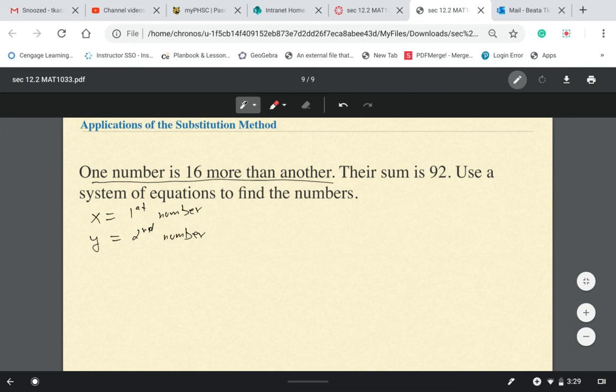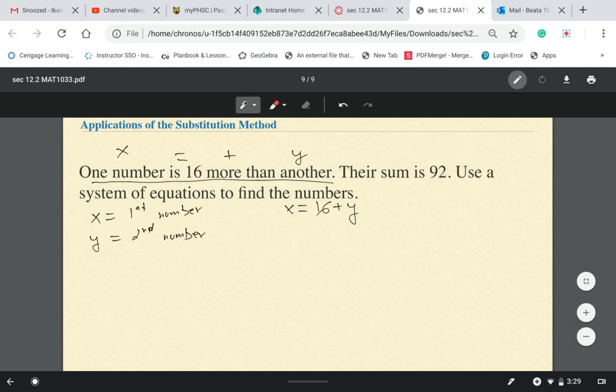So I would say that one number, again, it doesn't matter if you label that as x or y, but I would say x. The first one is, means equal, 16 more than another. So 16 more means plus, then another number, my second number, I introduce the letter y for that. So x is equal to 16 plus y.